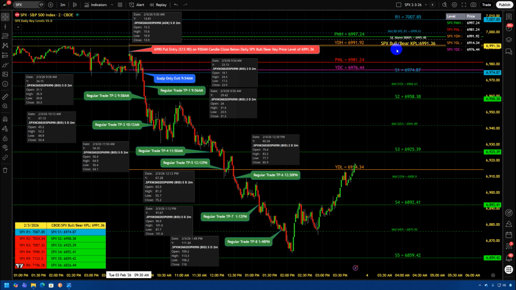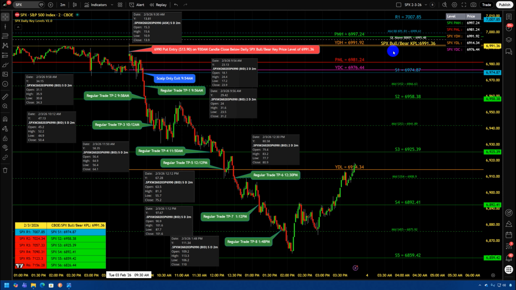Now, as far as strikes, your main standard play with this indicator is going to be the strike closest to the level that you're taking the trade from. In this case, the level we're taking the trade from is the bull bear KPL 69.9136. So that is going to be the 69.90 strike being the closest one to this level.